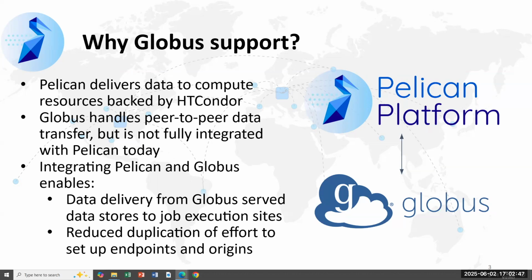As of today, it's not fully integrated with Pelican. A full integration would allow data delivery from Globus-served data stores to job execution sites like OS Pool, and reduce some duplication of effort in setting up endpoints and origins.